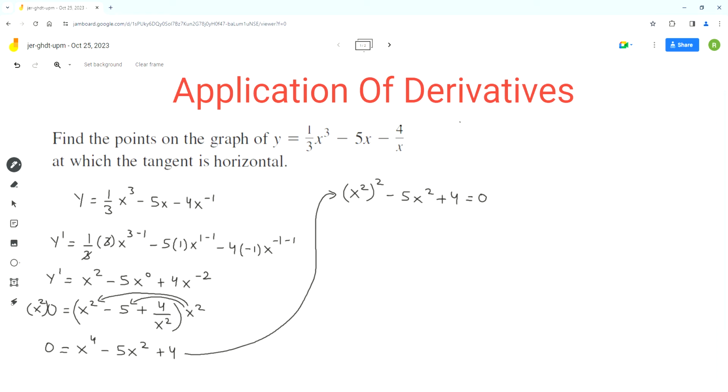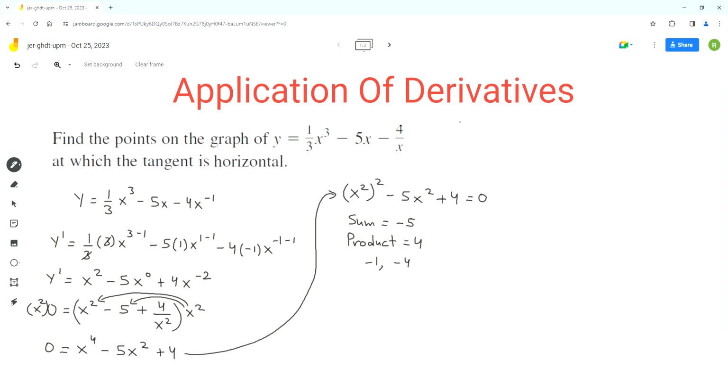So we have to find two numbers whose sum is negative 5 and product is positive 4. So we can use the sum and the product rule to factor this trinomial, because it's a simple trinomial. The coefficient of the x to the power 4 term is 1. So the two numbers that multiply to 4 and add to -5 are -1 and -4.